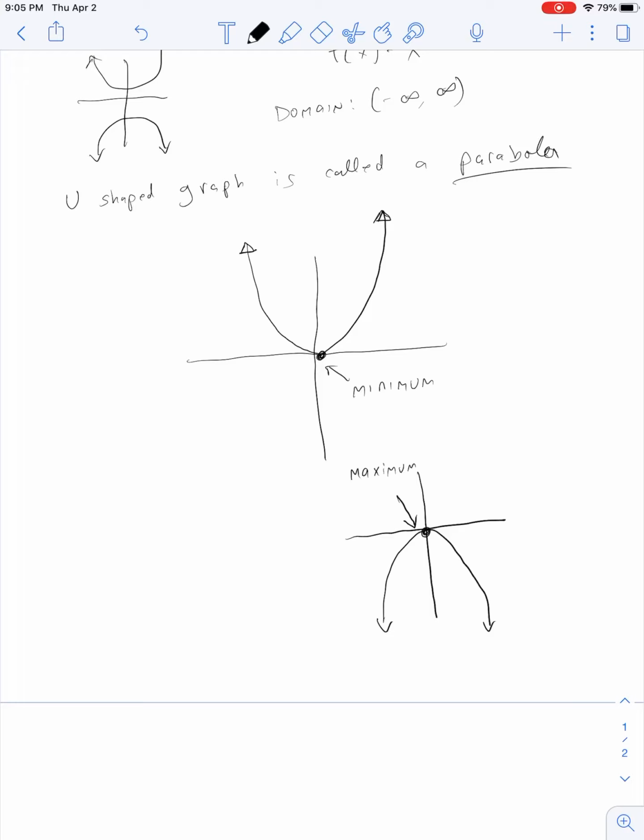Either way, the minimum or the maximum point, we refer to it as the vertex. But notice that there is a minimum when it opens up, and there is a maximum when it opens down. So really understand those two things.